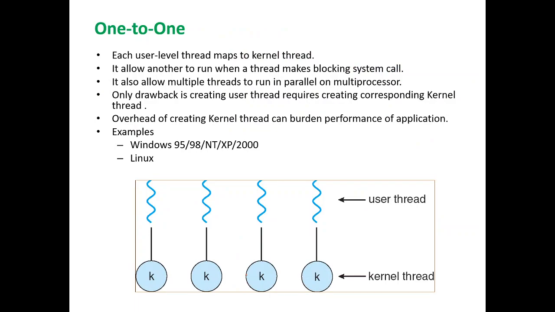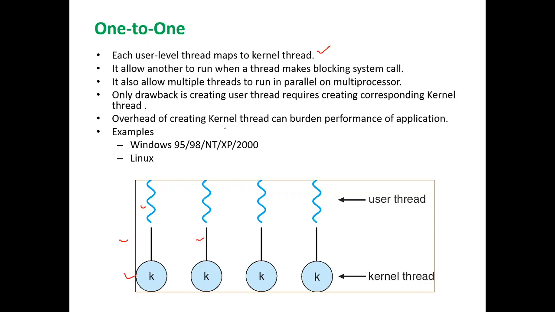Another multi-threading model is the one-to-one model. In this particular model, each user-level thread maps to a kernel-level thread. It allows another thread to run even when a blocking system call is executed by any one of the threads.